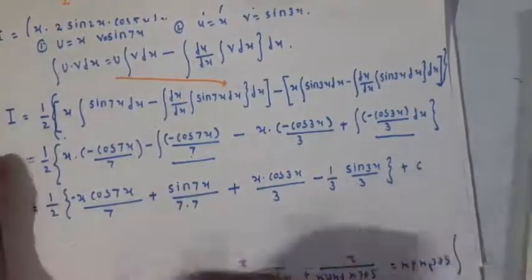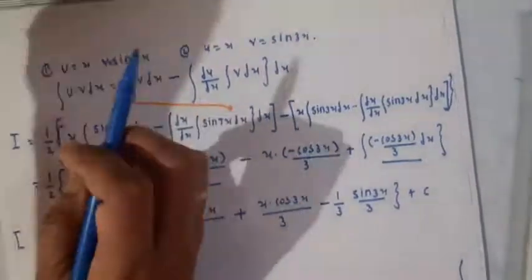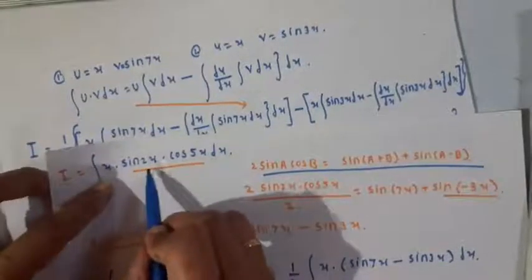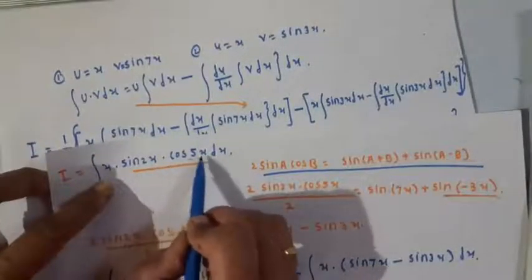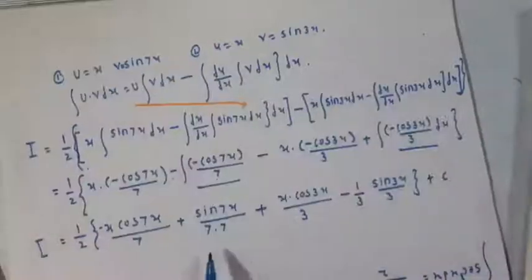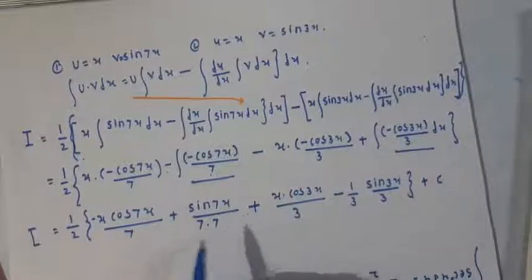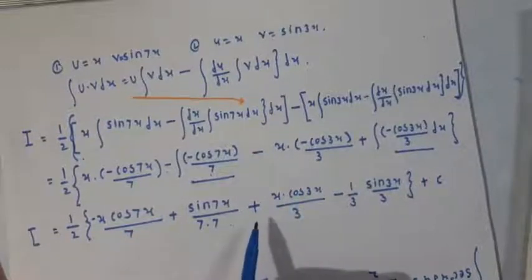And this is the solution for the integration, that is x into sine of 2x into cos of 5x with respect to x. Okay students, this is the solution. Okay, in this way you have to solve the problem.